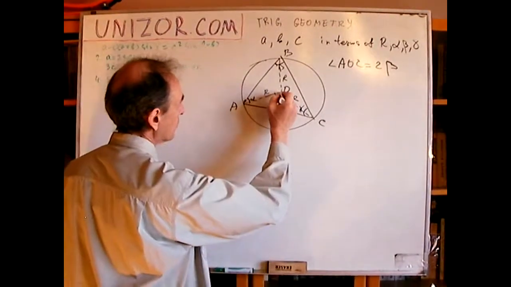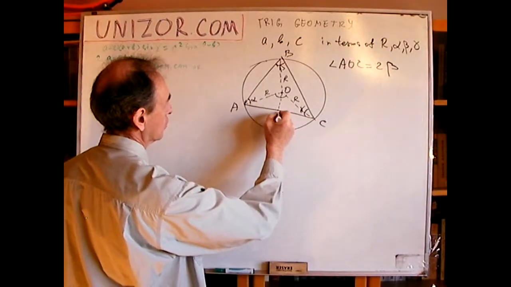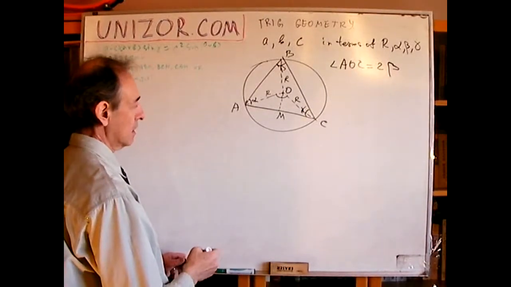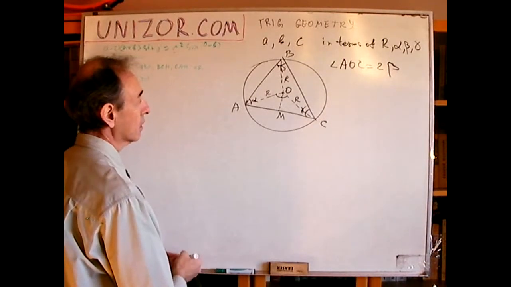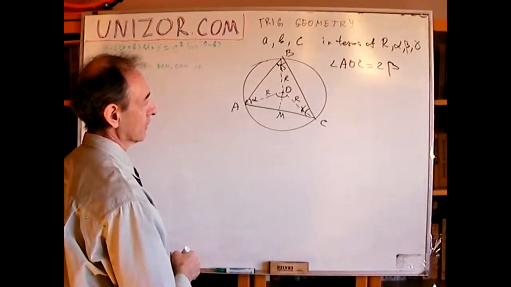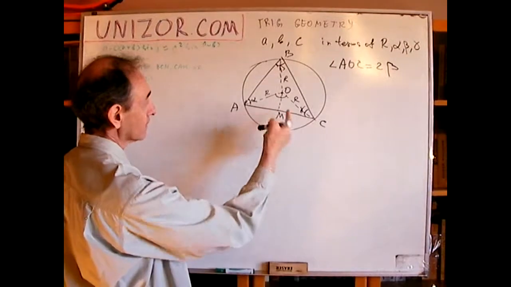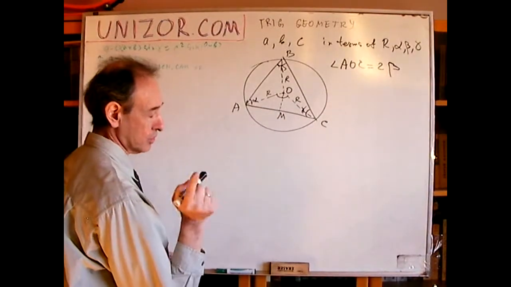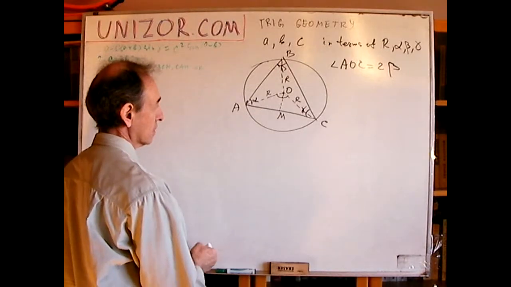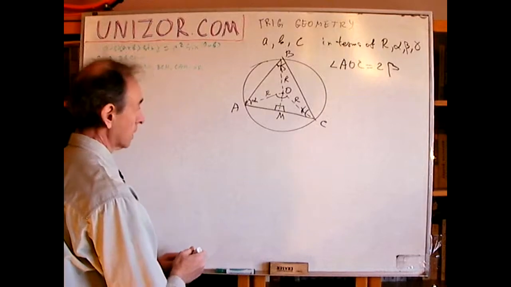Now, if I draw a perpendicular from the center to a point M, which is the middle of AC, this perpendicular would obviously divide my isosceles triangle AOC into 2 right triangles, because this is perpendicular, right? So these are right angles.